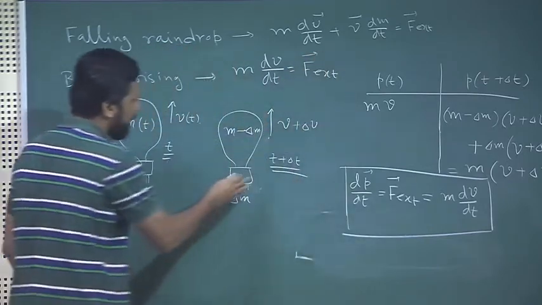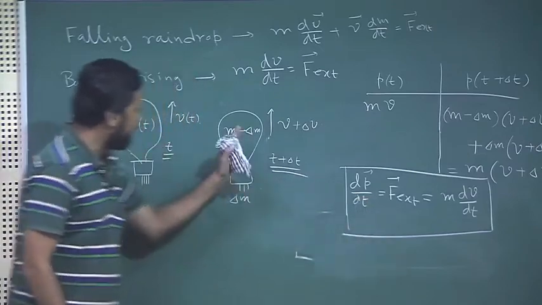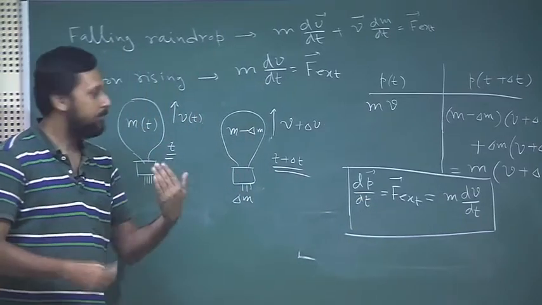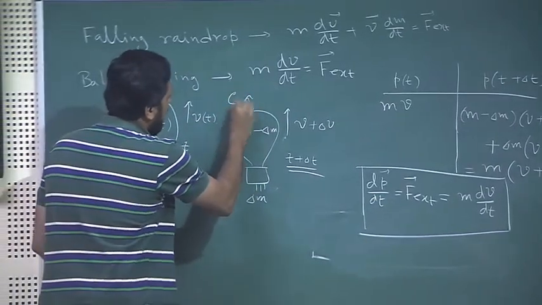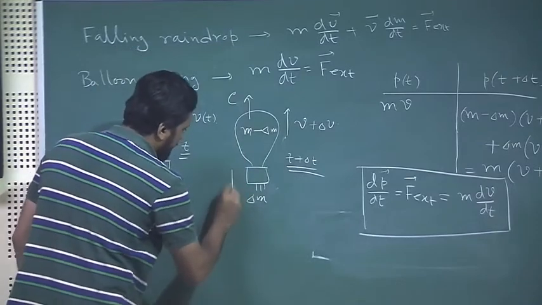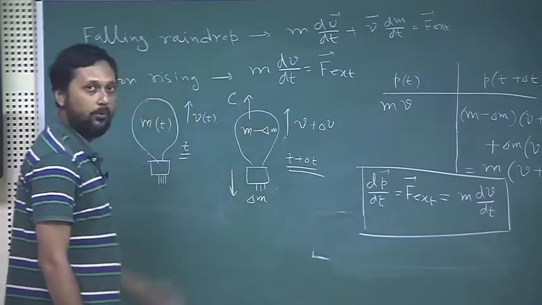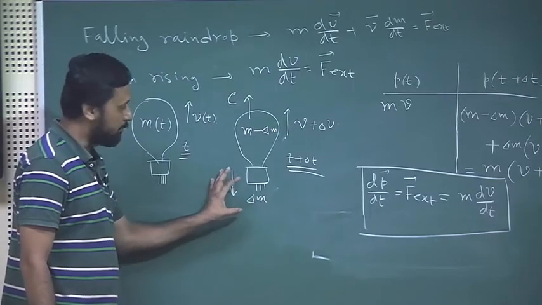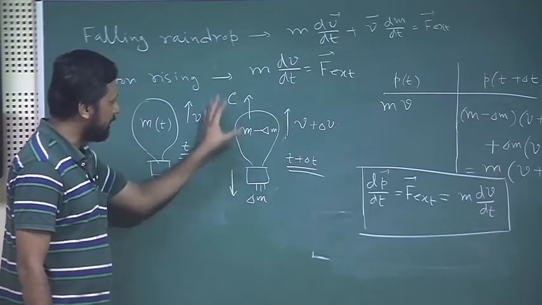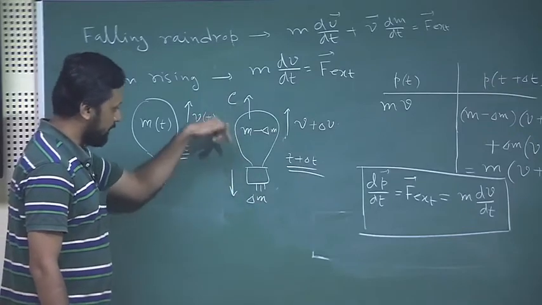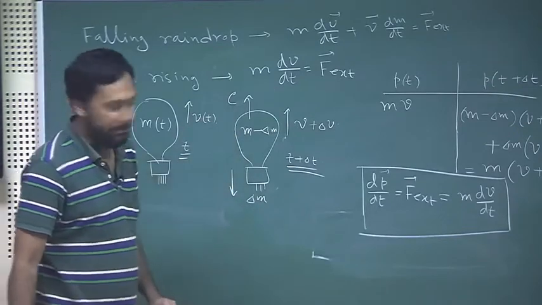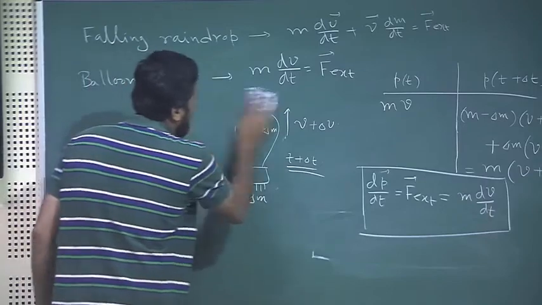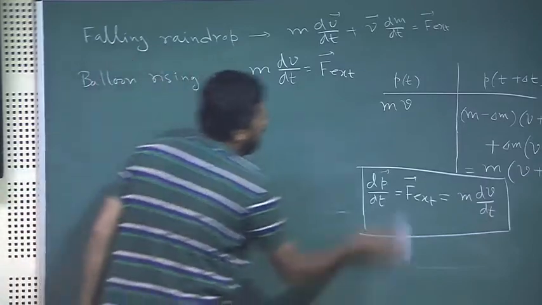Now, what is this external force? External force is essentially the fight between the upward thrust and the downward gravitational pull. So, we will do an example of this particular problem, and then we will see what are the details of this upward thrust and the downward forces. But for now, we will just remove everything and keep the final equation.